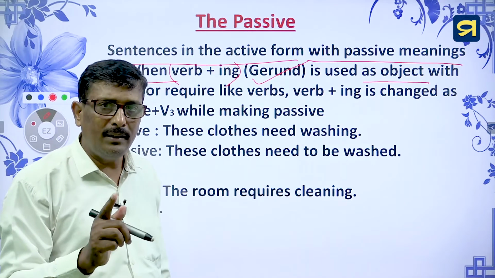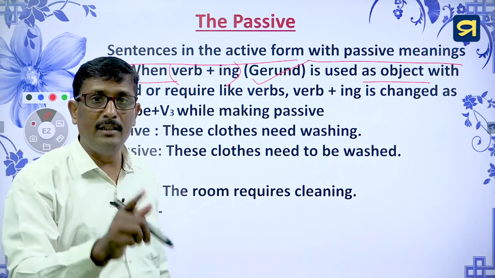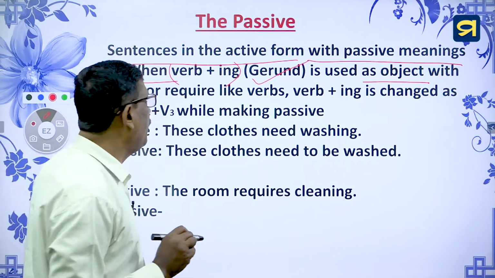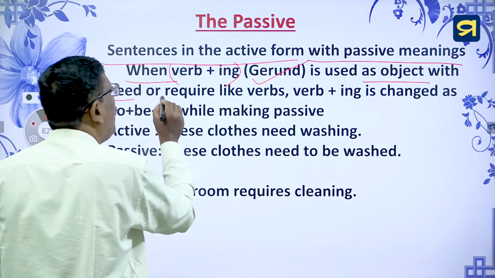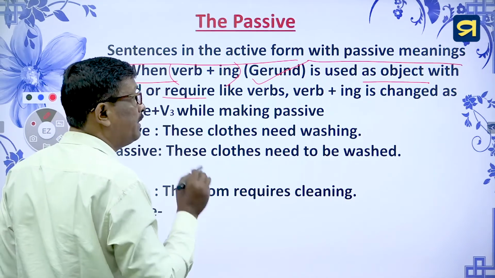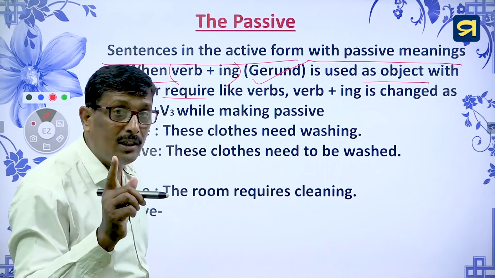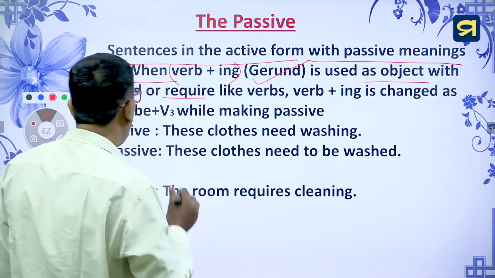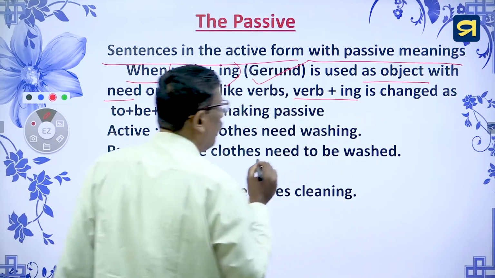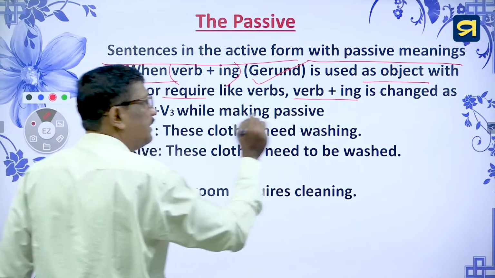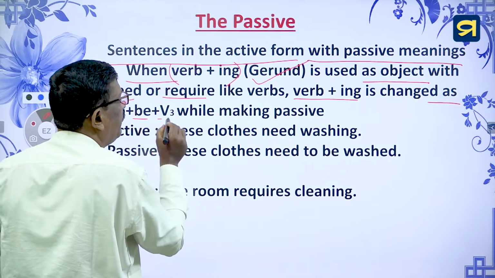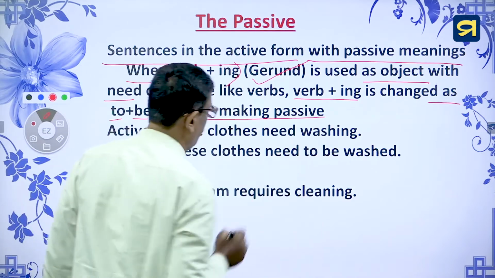When a verb followed by the ing form is used as a noun, it is called a gerund. With need or required like verbs, how can we change from active voice to passive voice when a gerund is used as an object? That means simply the gerund, or the verb ing form, is changed as how? To, followed by be, then V3 while making passive.